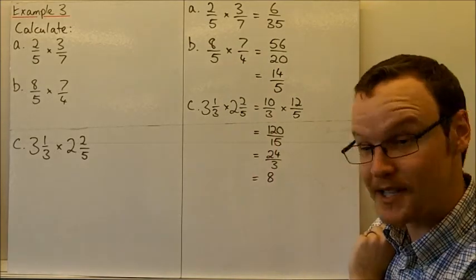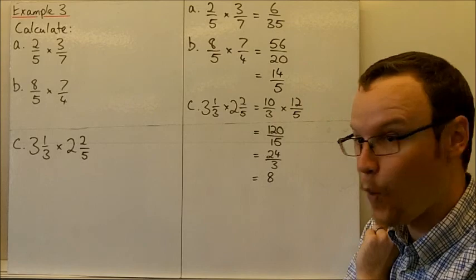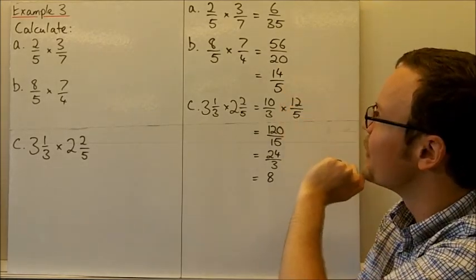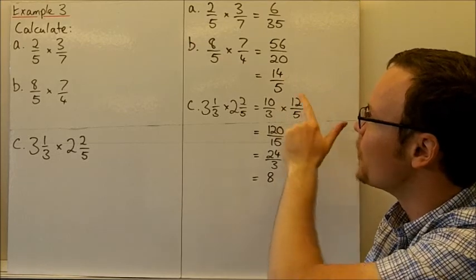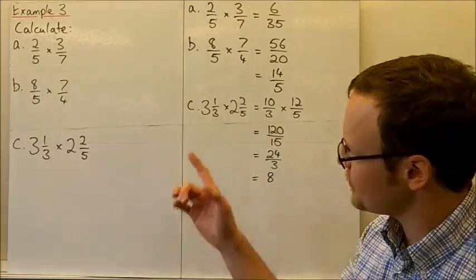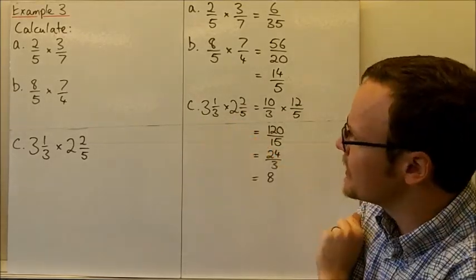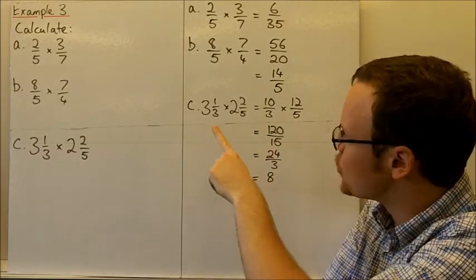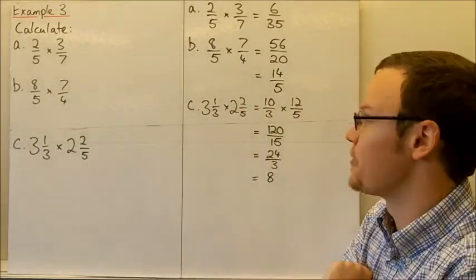Now we can simplify it down, and divide both the top and the bottom by 4. So dividing the numerator by 4, we get 14, and the denominator by 4, we get 5. So 14 over 5, and that's the simplest form. For this one here, we need to convert these mixed numbers to improper fractions to be able to multiply the numerators and the denominators.